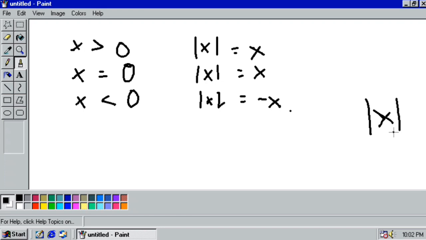Unfortunately, the third part can be confusing. If x is less than 0, the absolute value of x is negative x. The third part does not say that the absolute value of x is a negative number; it says that if x is a negative number, the absolute value of x is the opposite of x.